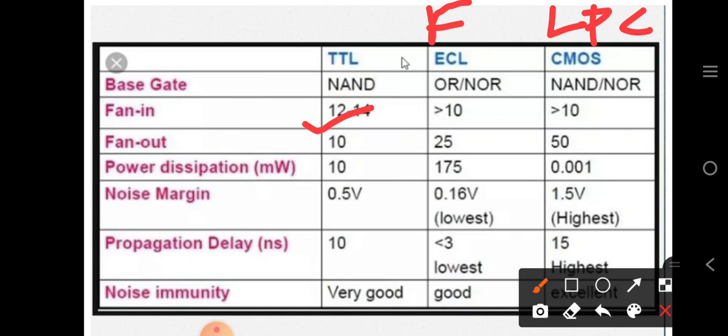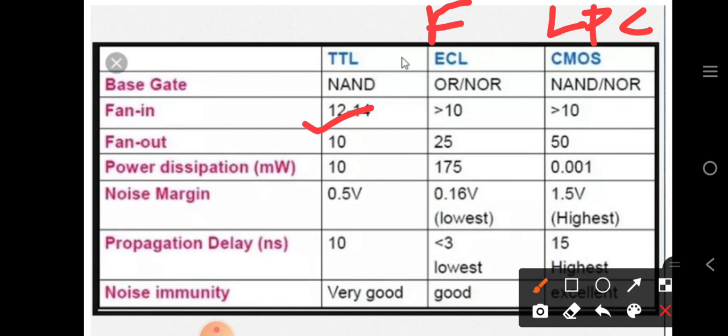The power dissipation in milliwatts: for TTL it is 10 milliwatt, for ECL it is 175 milliwatt, and for CMOS it is 0.001 milliwatt. So power dissipation is very less in CMOS, which is a very good characteristic, and thus CMOS is the least power consumption device.